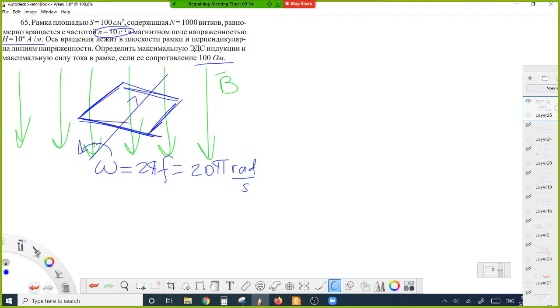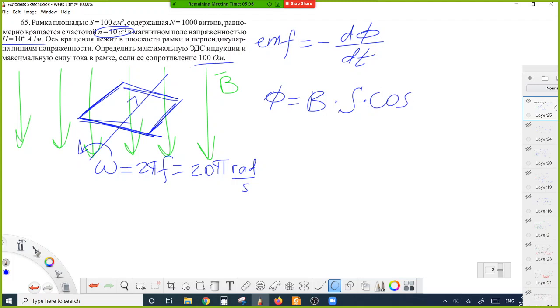Okay, we need to find the maximum value of electric motive force. So again, the electric motive force is equal to minus dΦ over dt, where Φ is equal to B multiplied by S multiplied by cosine alpha.